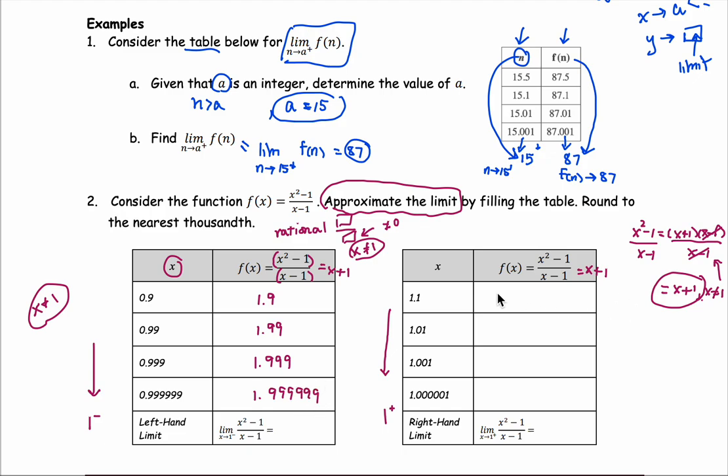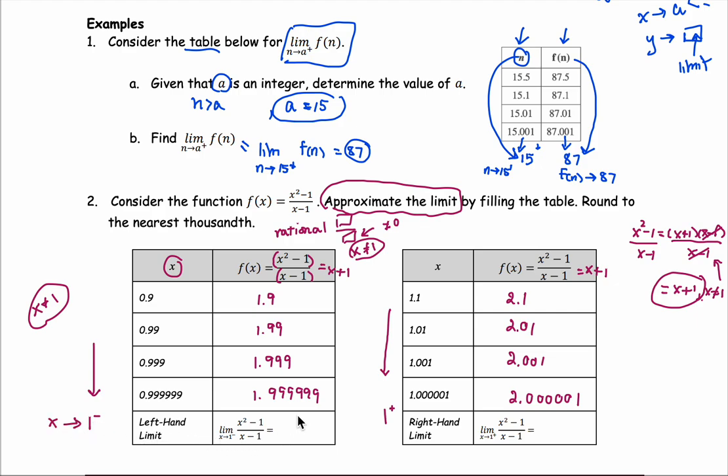And then for the right table, we do the same way. 1.1 plus 1 becomes 2.1, 2.01, 2.001, 2.000001.